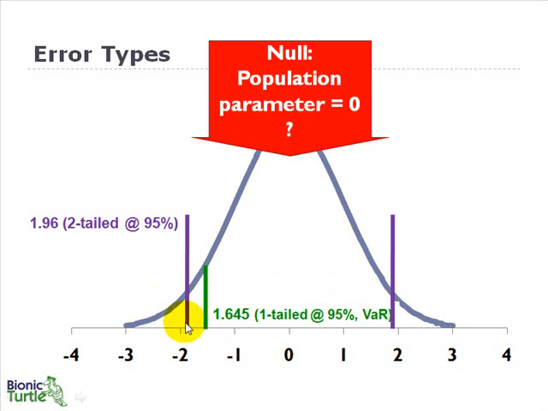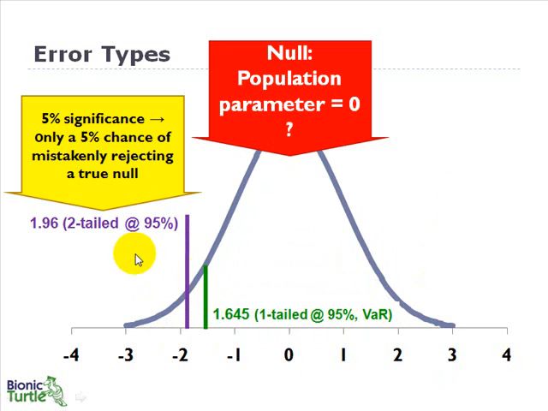That means 5% of the area is to the left and 95% of the area is to the right, and our green line is going to be instead at 1.64 standard deviations. So that is still 95% confidence, but it's one-tailed because we're concerned about the 5% that falls to the left instead of the 5% that falls outside on both sides.